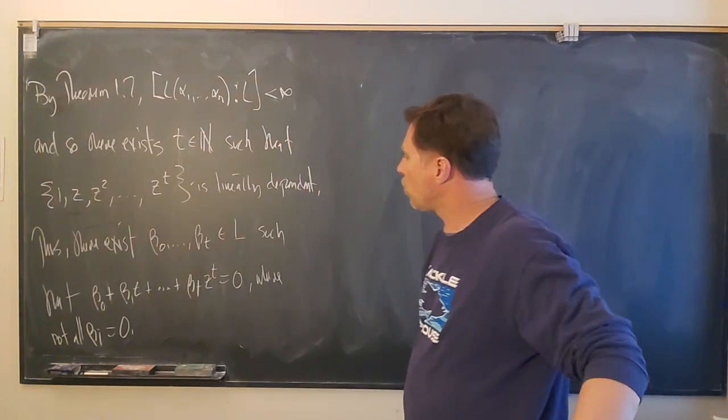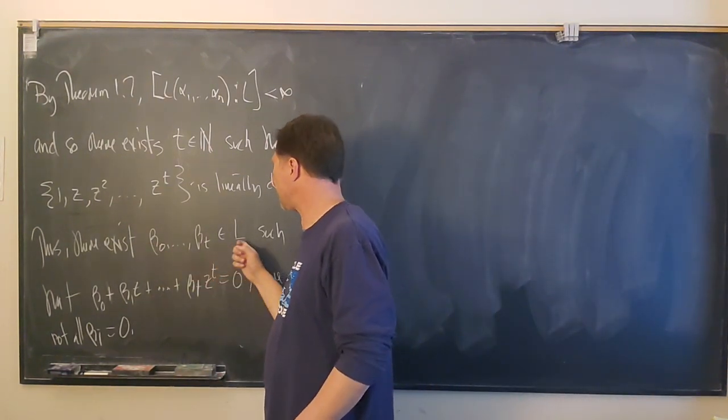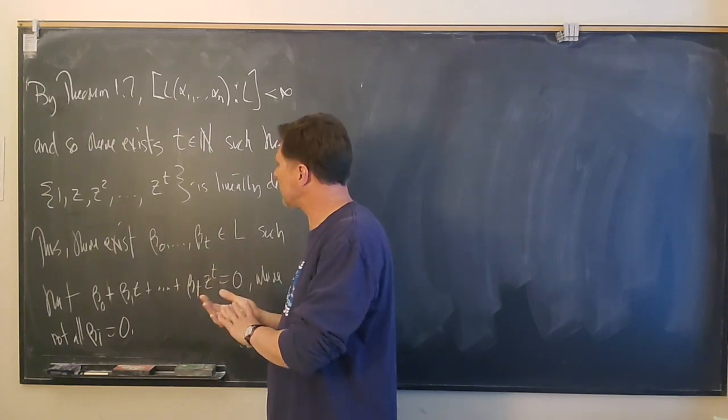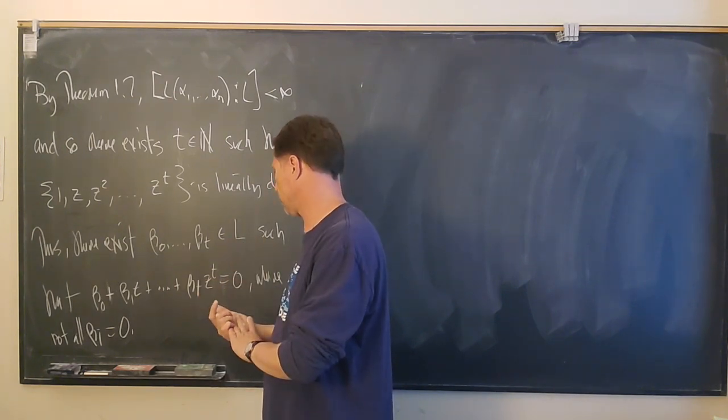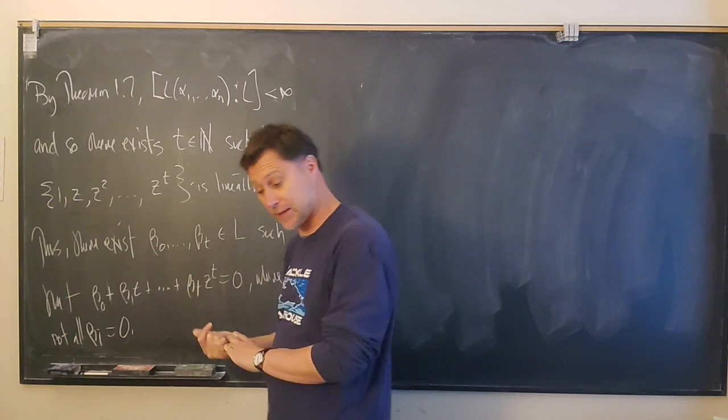Now, we could view these betas right here. Yes, they live in L, but we could view them as living in K adjoin beta 0 up through beta t.